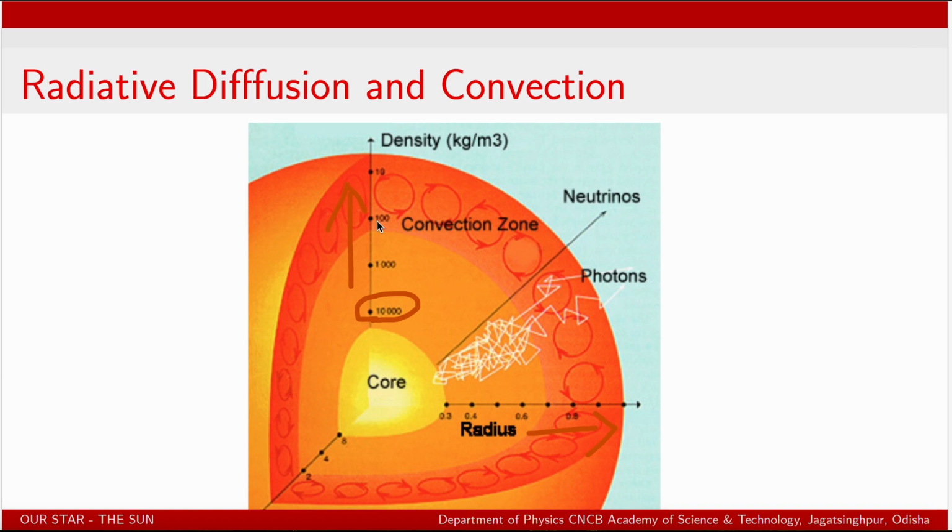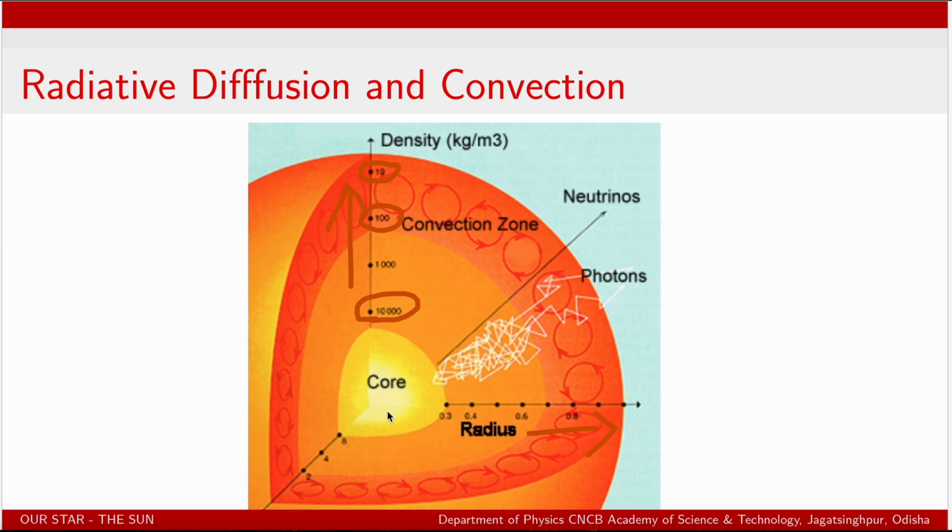And now we are in the convective zone. The lower edge of the convective zone has a density of around 100 kg per meter cubed, and then at the upper edge, the density drops sharply to 10 kg per meter cubed, because the outer edge is quite cool compared to the lower edge.